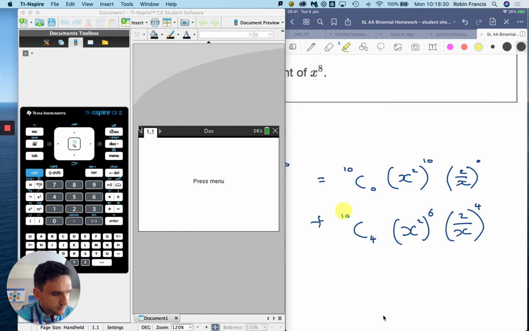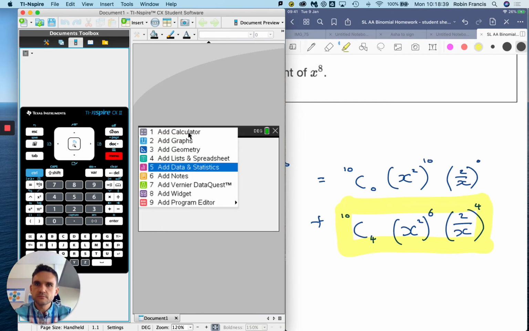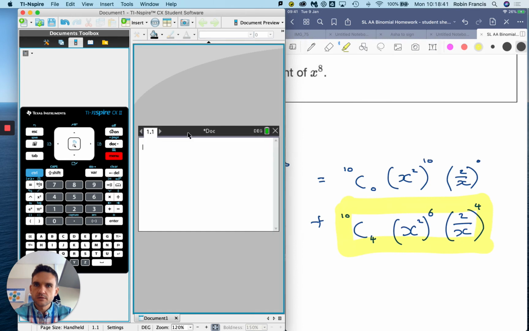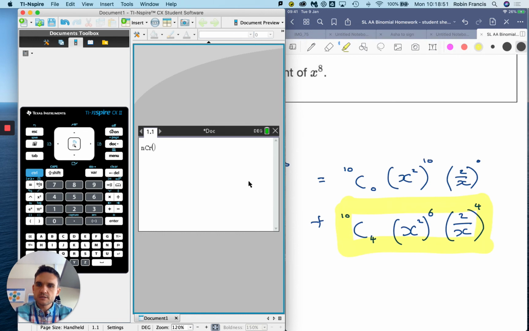So let's have a look through and calculate this. 10 choose 4. Let's head to my calculator. It's in probability combinations, and we're interested in 10, 4. So 10 choose 4 is giving me 210.